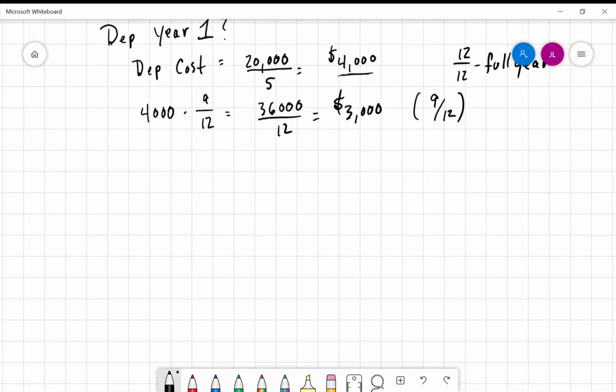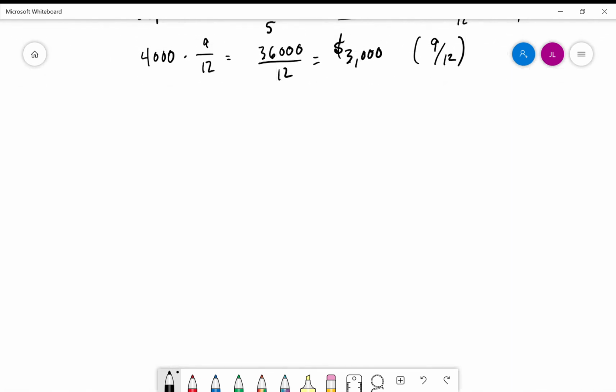So when we're looking at straight line depreciation, to recap, we need to take historical cost and subtract from it the salvage or resale value to get our depreciable cost.